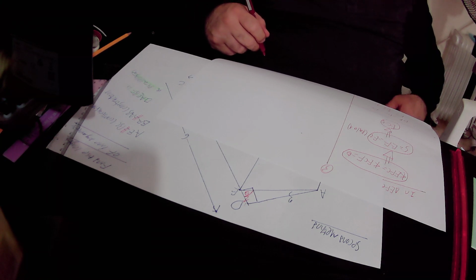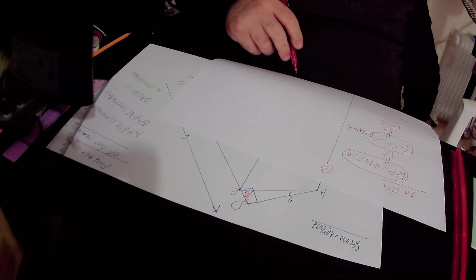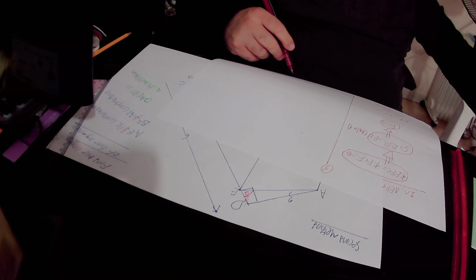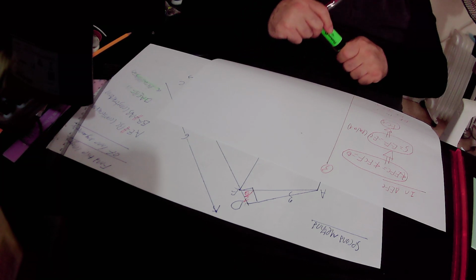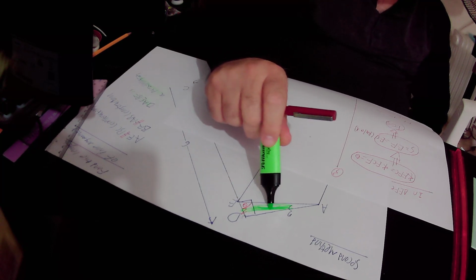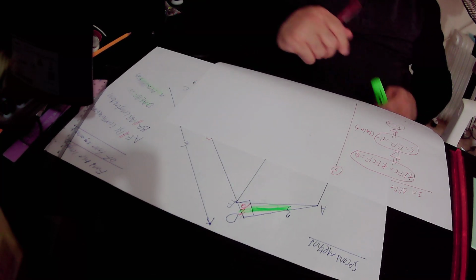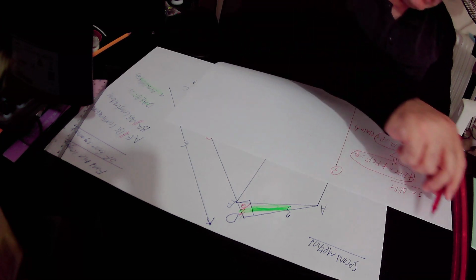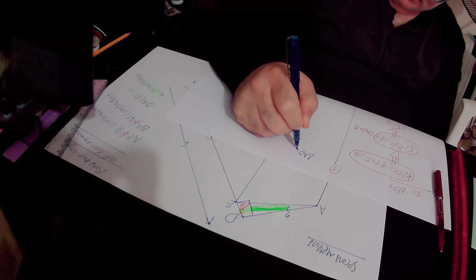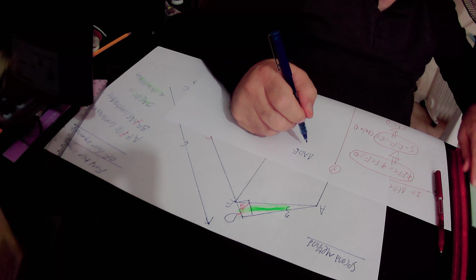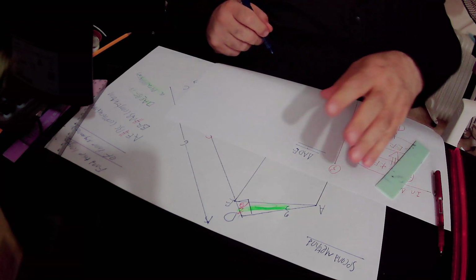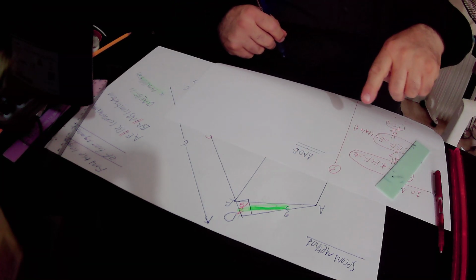Now we can find the hypotenuse of the small right triangle ADE. According to the Pythagoras theorem, the square of the hypotenuse equals the sum of the squares of the perpendicular sides.